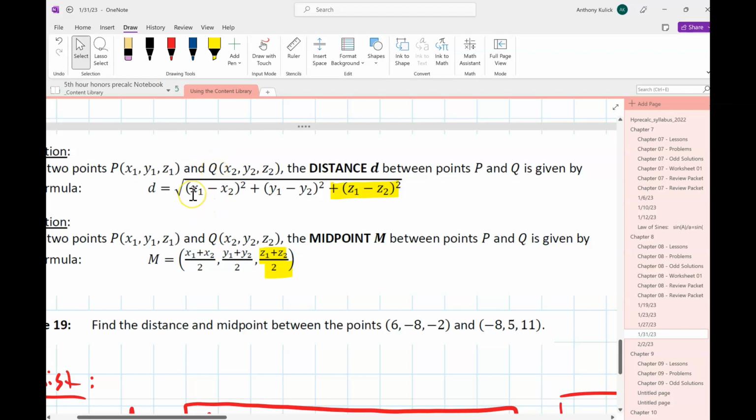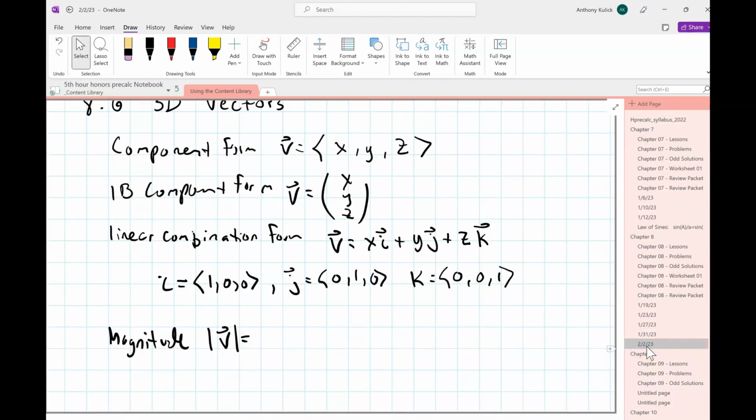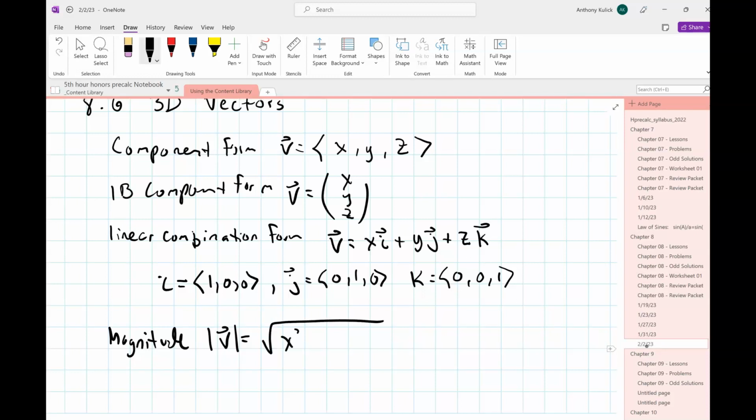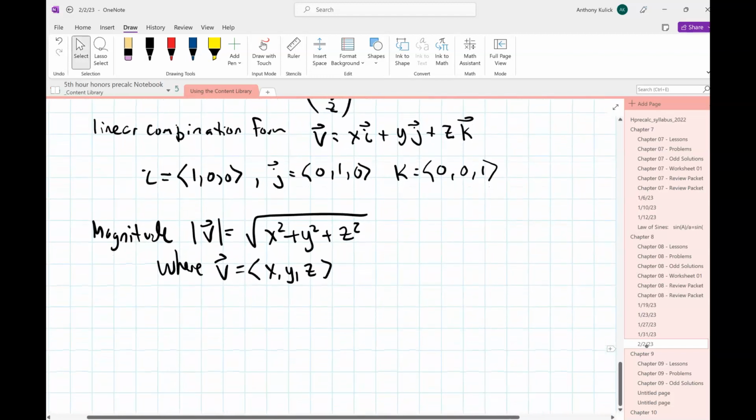What's this going to turn into? x squared plus y squared plus z squared, all square rooted. Oh, yeah, of course. And again, that's assuming that v is written in component form. What if it's not?